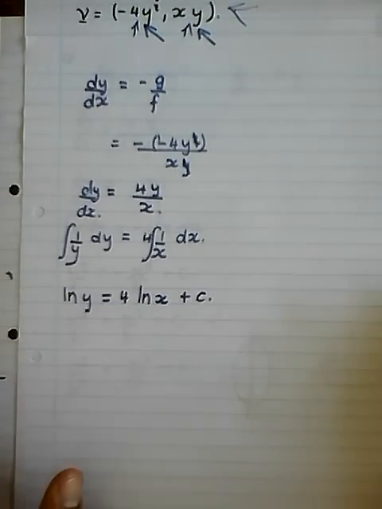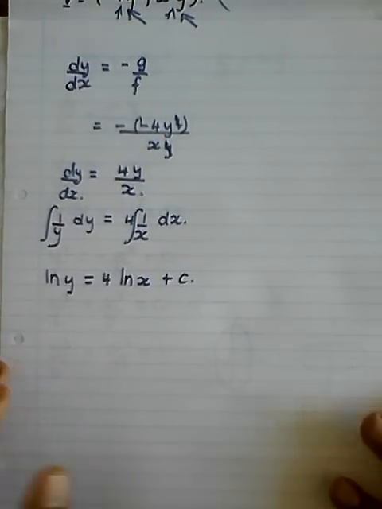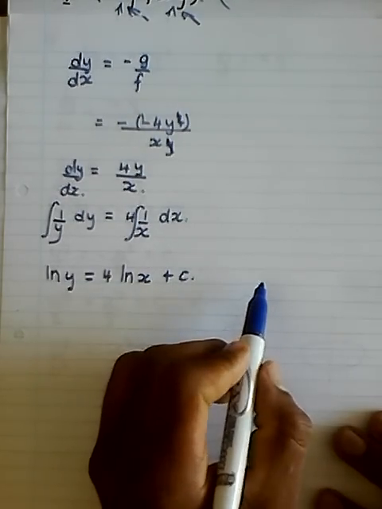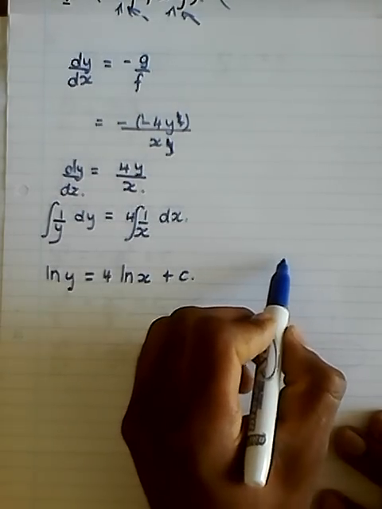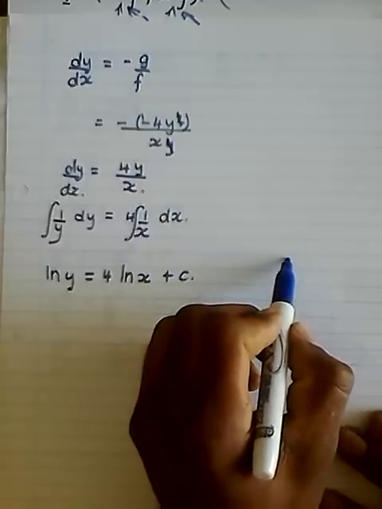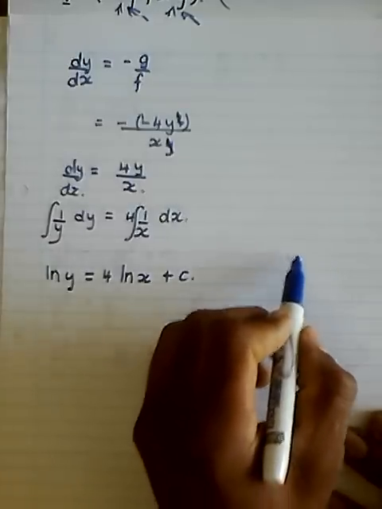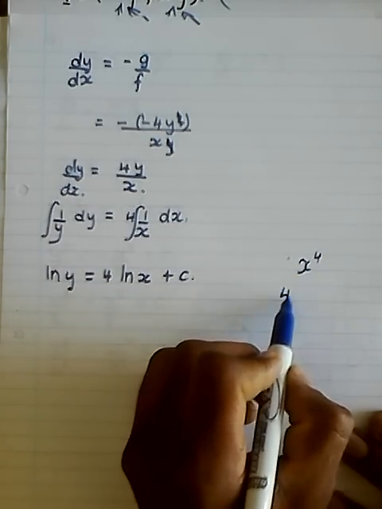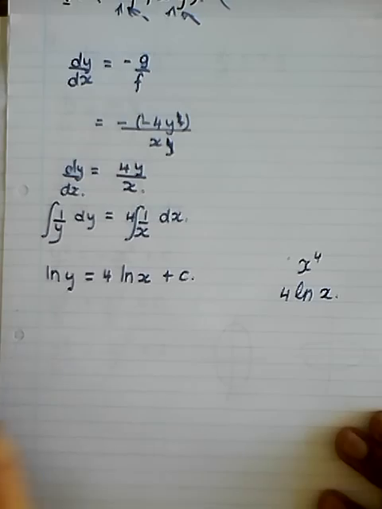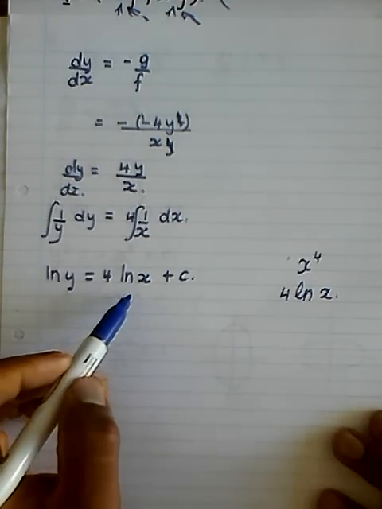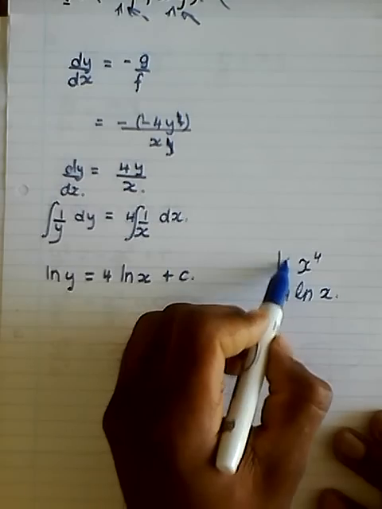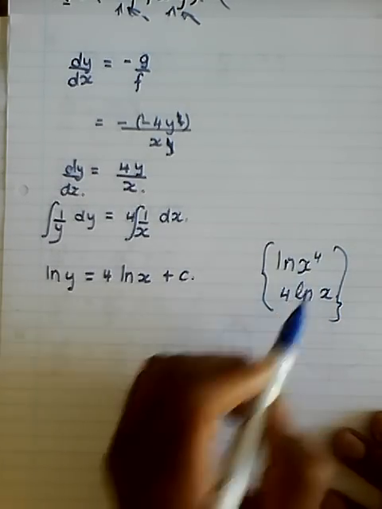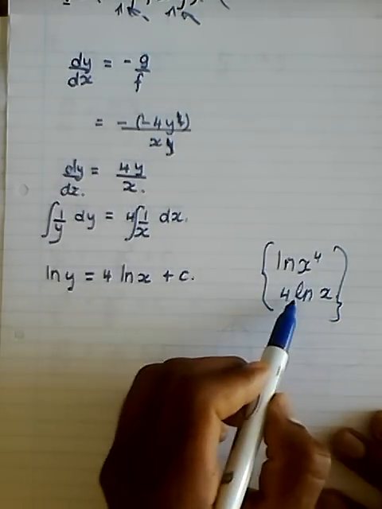Now we have this thing here. What we can further do, remember with logarithms, when you have x to the 4, you can represent this as 4 ln x. So when there is the logarithm of x to the 4, we can write that as this.